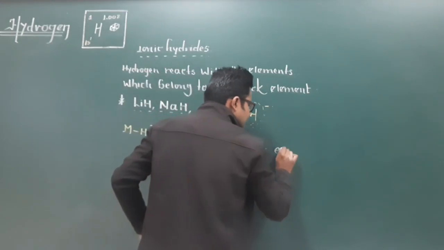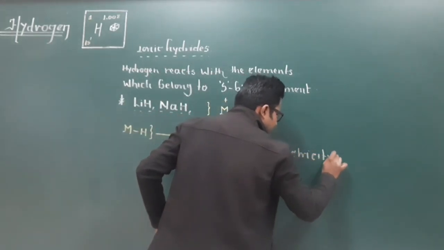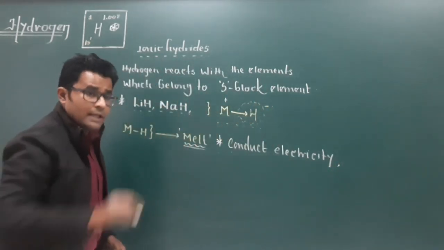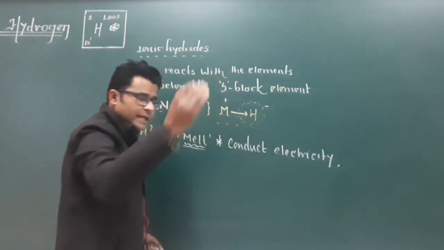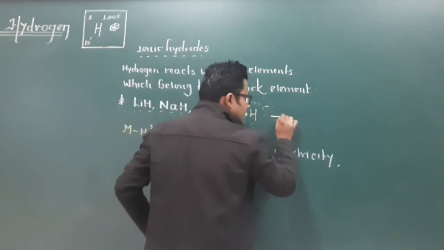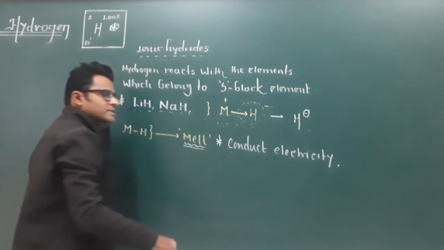So it conducts electricity only and only in its molten condition. This is because when this metal hydride is heated, the bond is broken in such a way that it generates H minus.